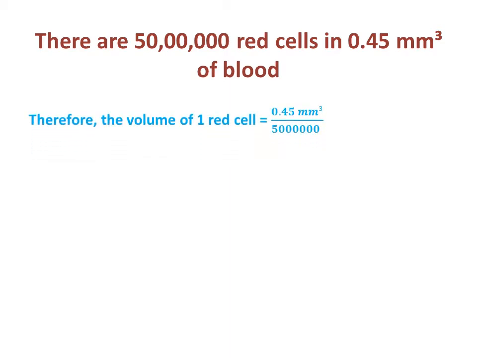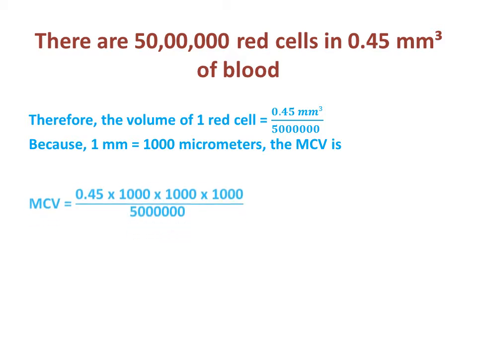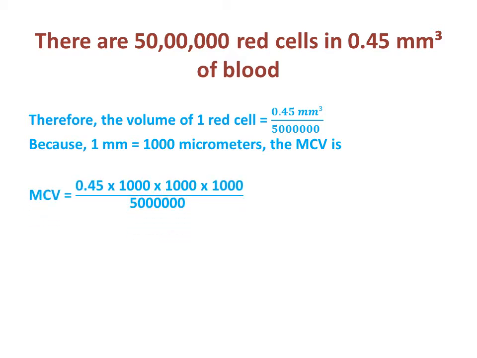Therefore, the volume of one red cell is equal to 0.45 divided by 50 lakh cubic millimeter, because 1 millimeter is equal to 1000 micrometers. The MCV is 0.45 into 1000 into 1000 into 1000 divided by 50 lakhs, which is equal to 0.45 into 1000 divided by 5, which is equal to 90 cubic micrometer.